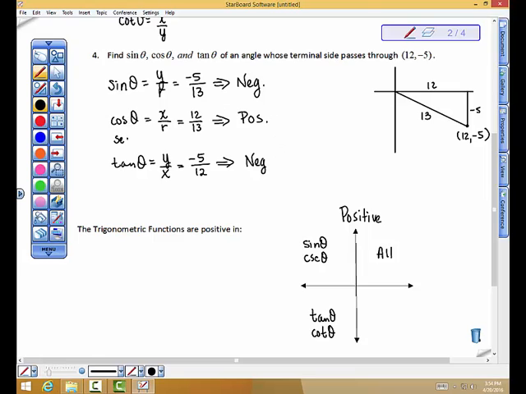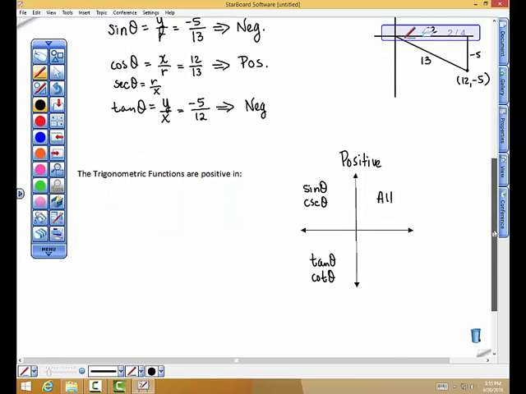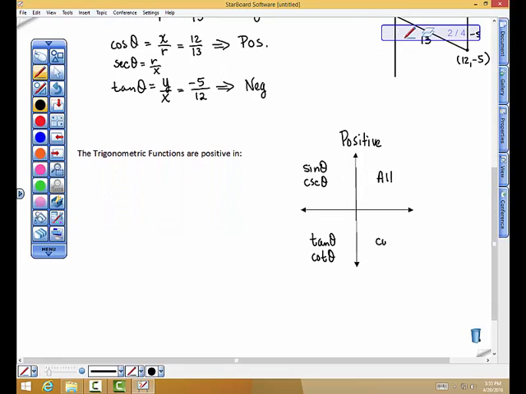Only cosine and its reciprocal, which is secant, which is defined as r divided by x, are positive. And that's because in the fourth quadrant, x is always positive, and again, the hypotenuse is always positive. So we complete this table, and it says that cosine and secant will be positive in the fourth quadrant.